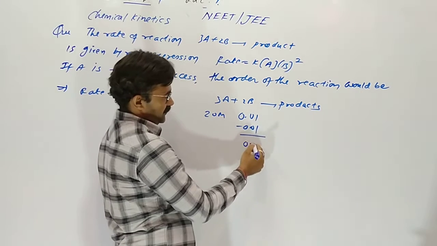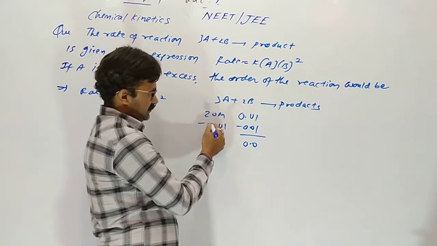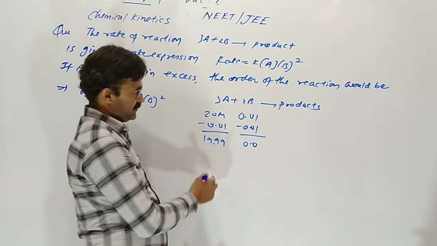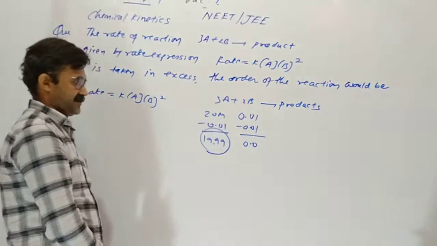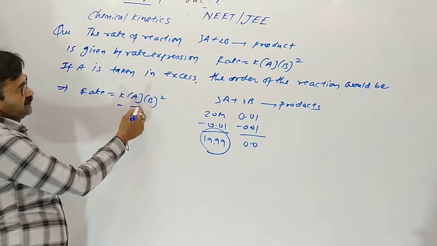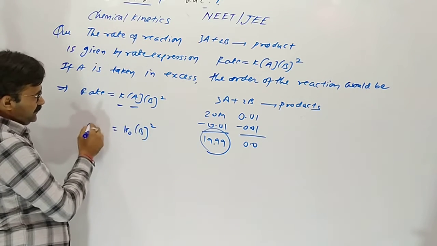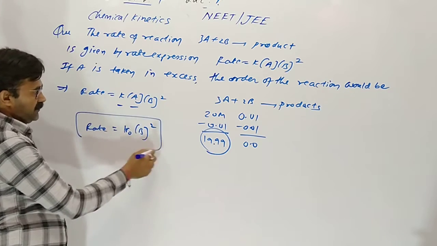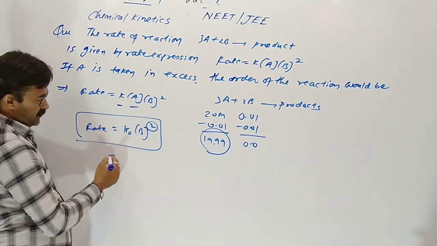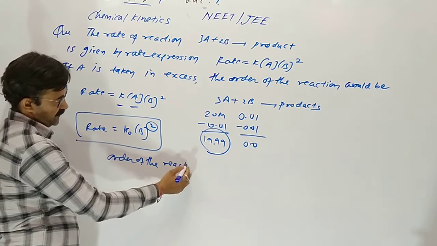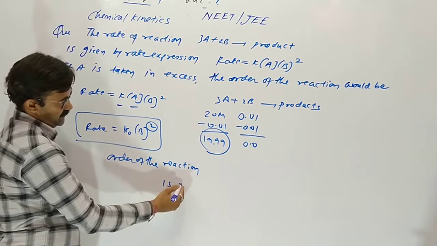So 0.01 will be cut, and now here 19.99 remains. It means it is constant. So constant into constant, so rate will be proportional to B squared. So the order of the reaction is 2.